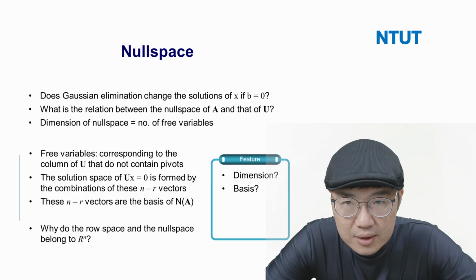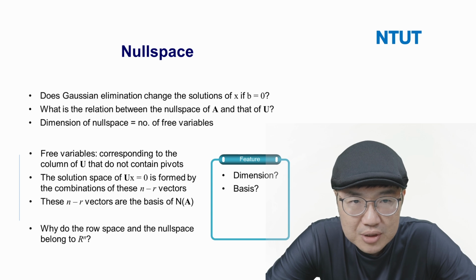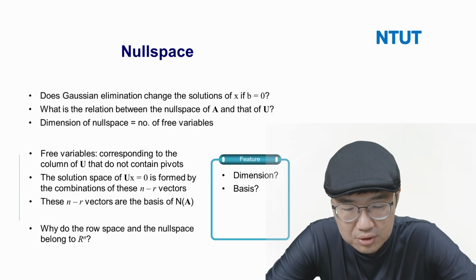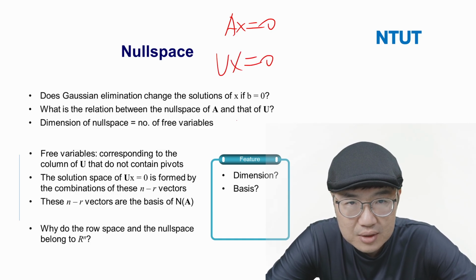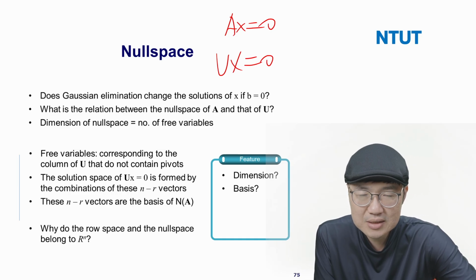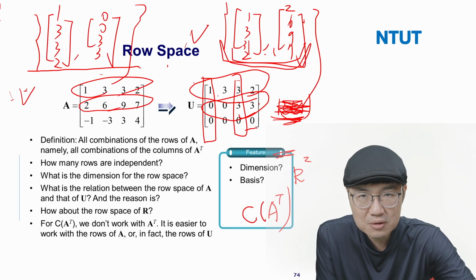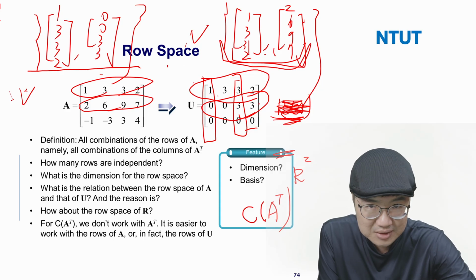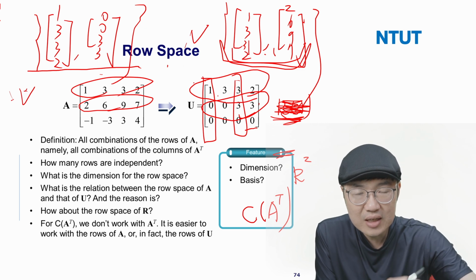Next one, null space. We already see the null space. Gaussian elimination won't change the solution of x if b equals 0. So the x that makes Ax equals 0 would be the x that makes Ux equals 0. Dimension of null space is the number of free variables, n minus r. From here, I would like to clarify the dimension of row space as a subspace and the dimension of the vectors in row space.